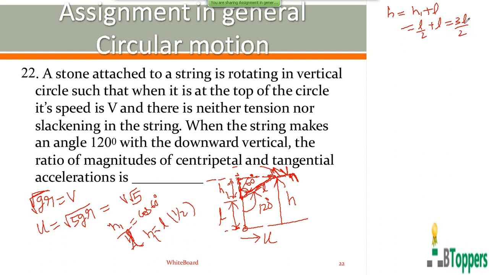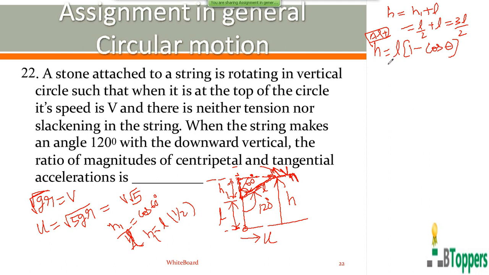You can also arrive at the same conclusion by an alternate method, which I discussed in the past. At the instant when the string makes an angle theta with the downward vertical, the vertical height of the bob of the pendulum over the lowest position is given by L into 1 minus cos theta.